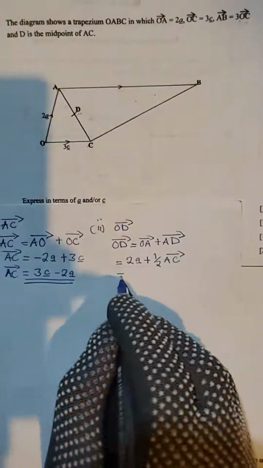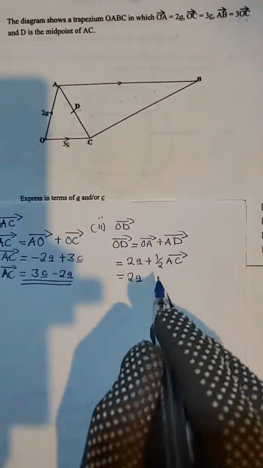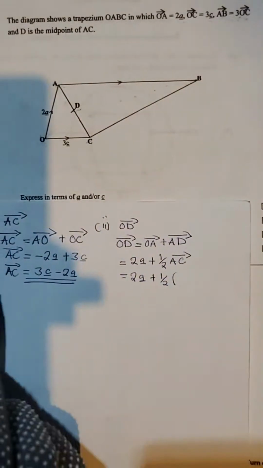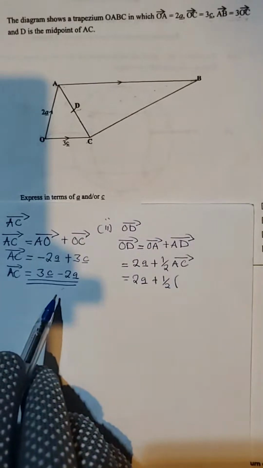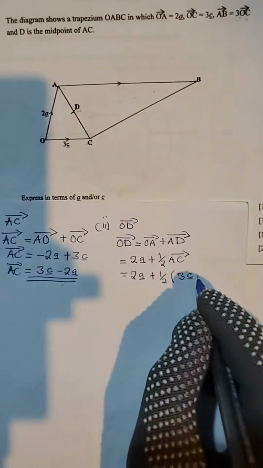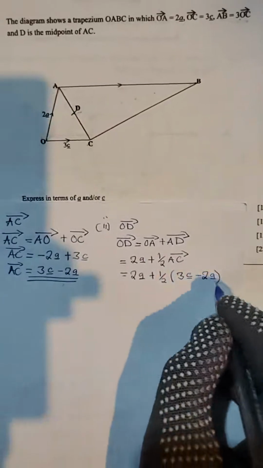Then, this will be 2 vector A plus half of AC. This is the answer for AC, which is 3 vector C minus 2 vector A, like this.